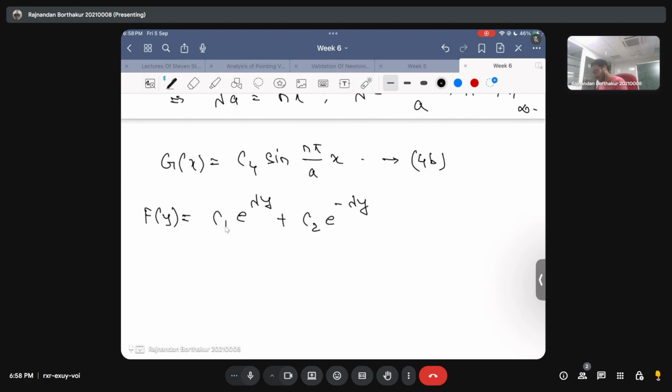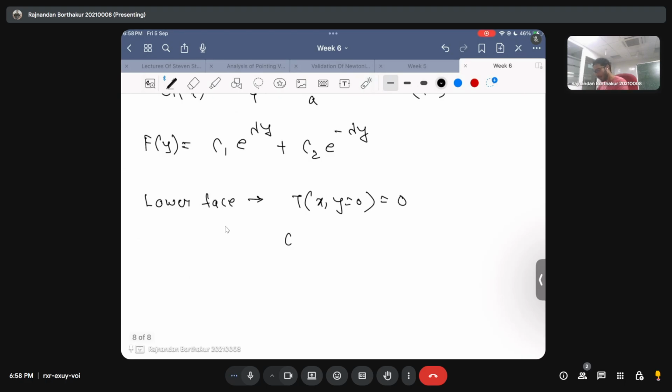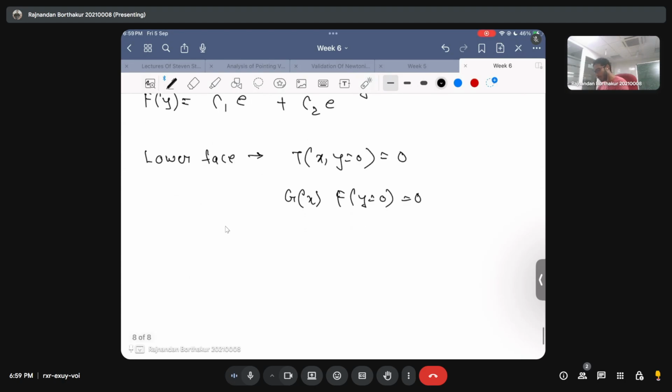So if we use the boundary condition on the lower face, we have that p for all x at y equal to 0 is equal to 0, which I can write as g of x times f at y equal to 0 is equal to 0, and g of x cannot be equal to 0, which means that f at y equal to 0 is equal to 0.